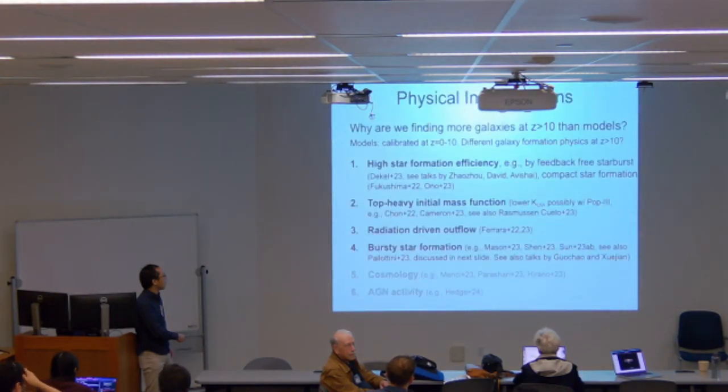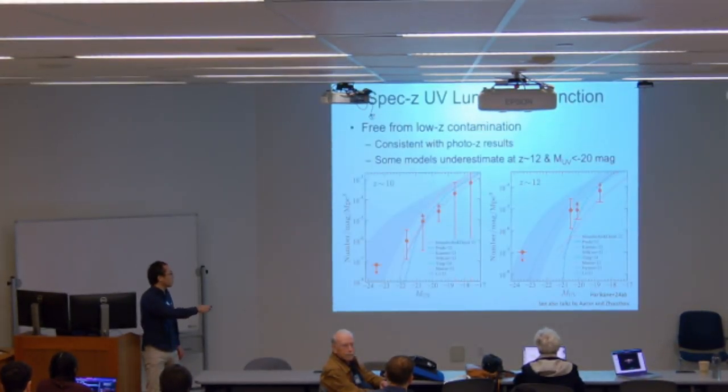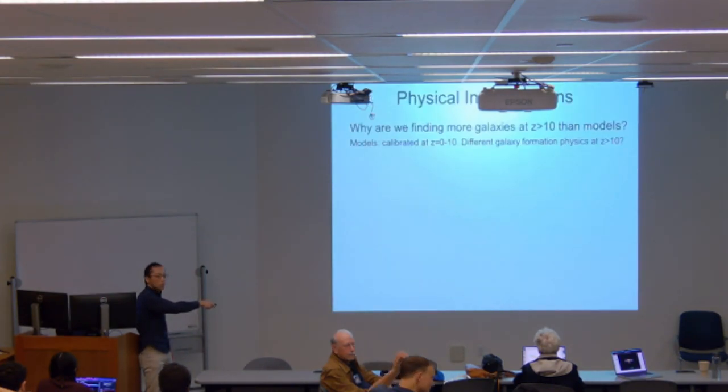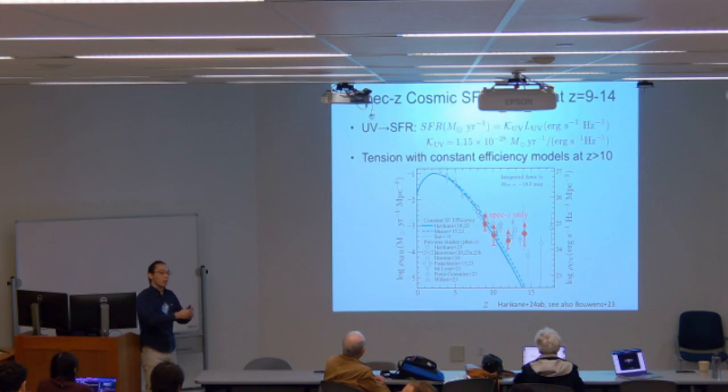You mean the difference between the UV luminosity density and the number density, and the star formation rate density? Yeah, actually, this is an accumulation of many data points of the number density. So that's why in the number density there looks like a much more significant excess. Oh, it's past redshift of 12 when you start having trouble. I see.